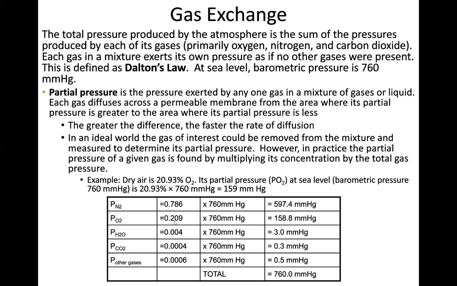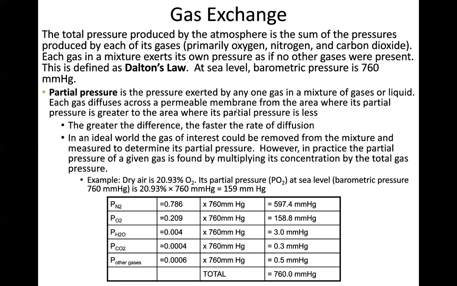This 20.93%, to be specific, is the same here in Kansas as it would be at the top of Mount Everest. It would be the same below sea level in New Orleans. But the pressure of oxygen goes down the higher up in altitude you go, which affects how much oxygen ends up in our body.